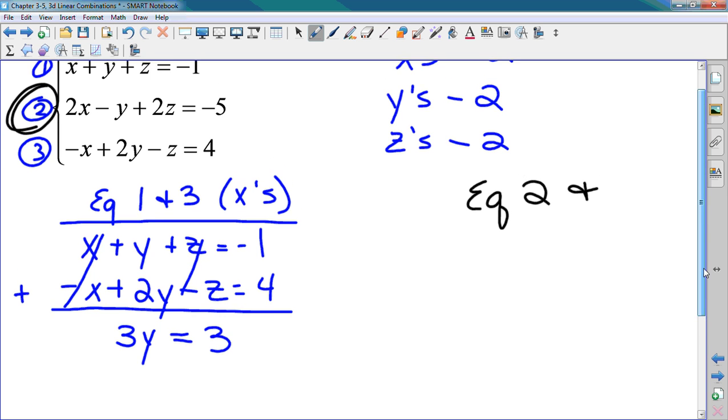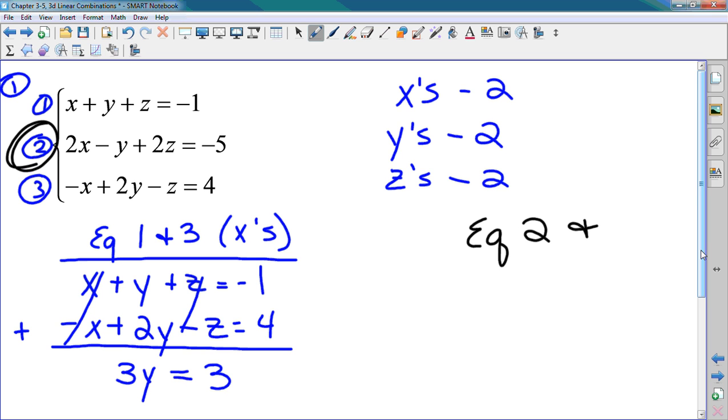Okay, so I'm still eliminating the x's. Still eliminating x's. Because that's why I wrote x's here. When you do the next 2 equations, no matter what you choose, you still have to eliminate x's. You can't switch what you eliminate. That is the number 1 mistake students make.